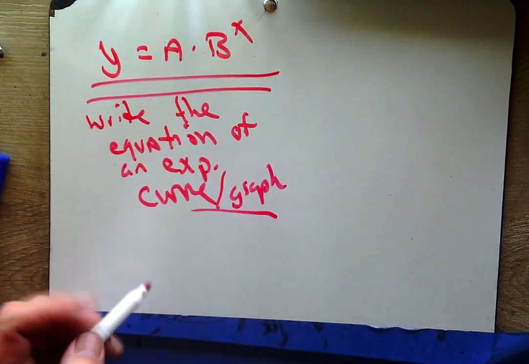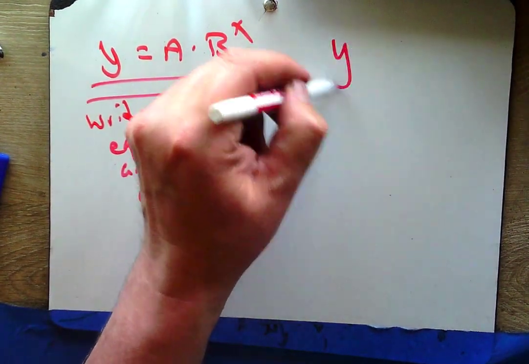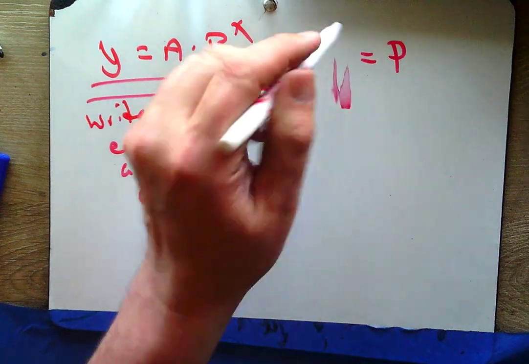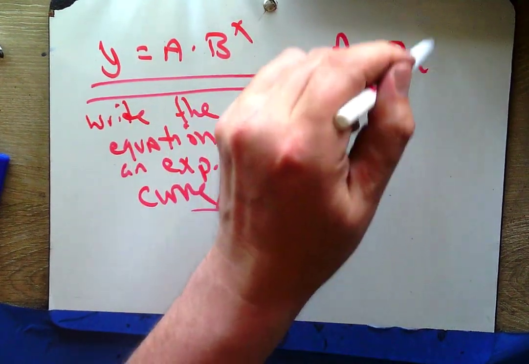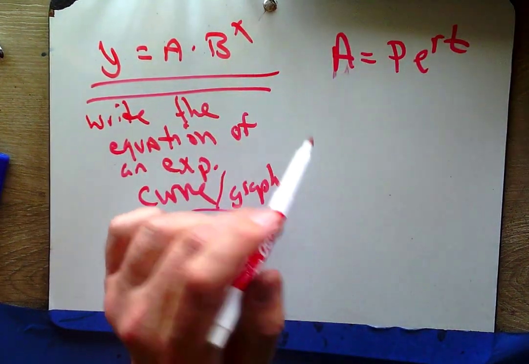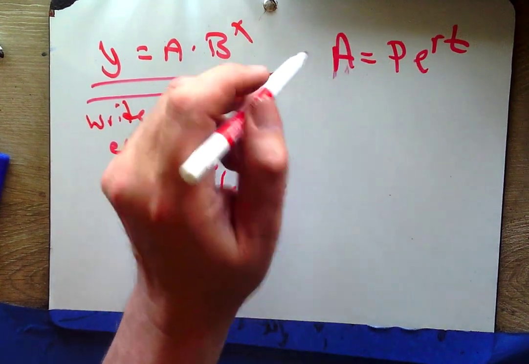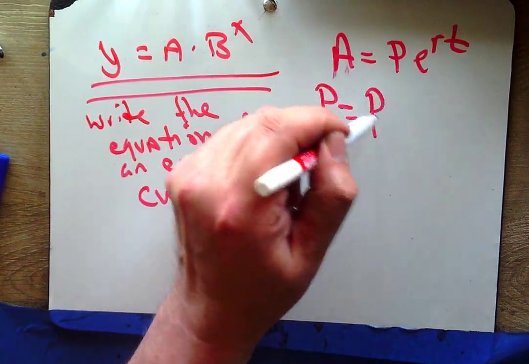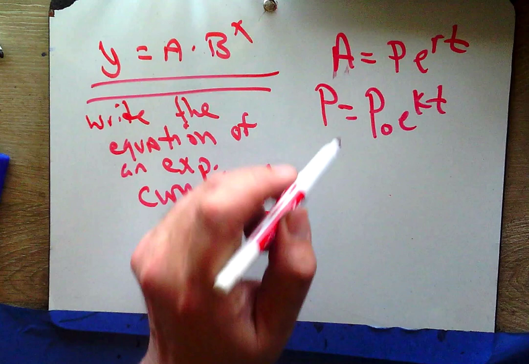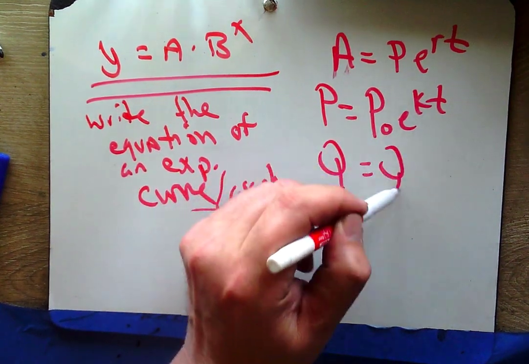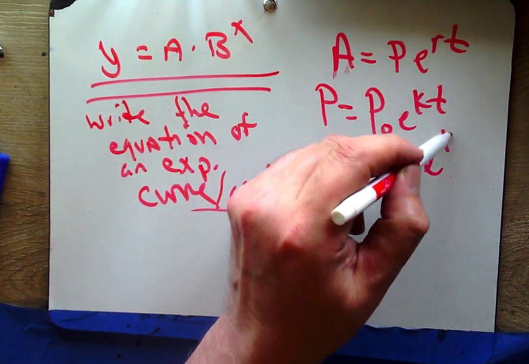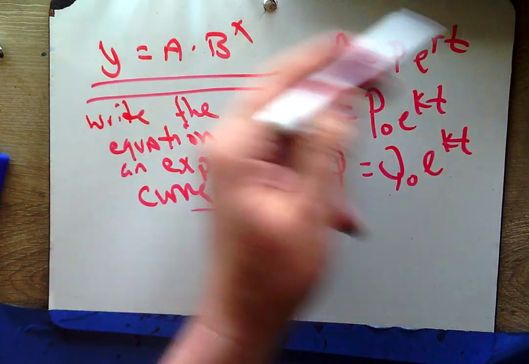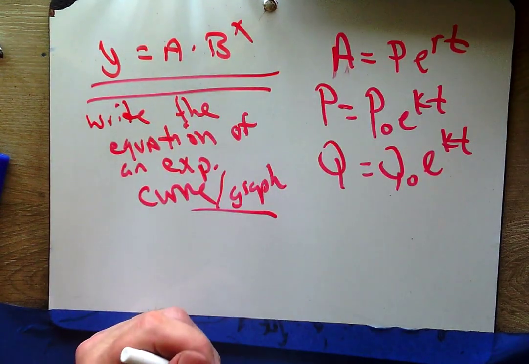Oh, and one other thing. Remember how we talked about this? A equals Pe to the rt, Pert. Yeah. So we have some variations on that. P equals P sub o e to the kt. Q equals Q sub o e to the kt. All of these are identical.